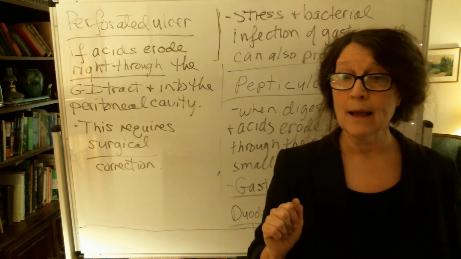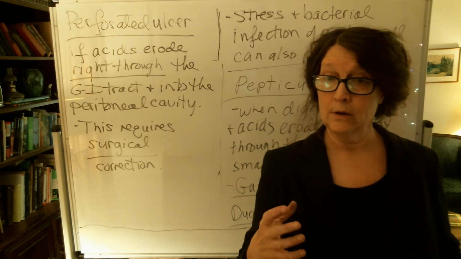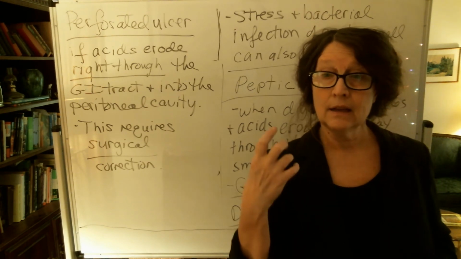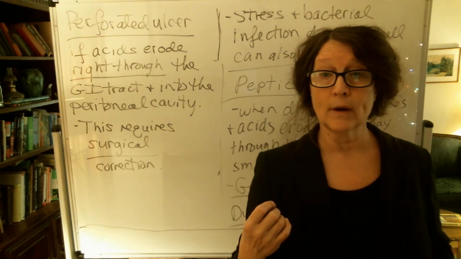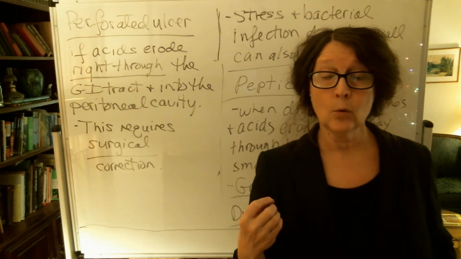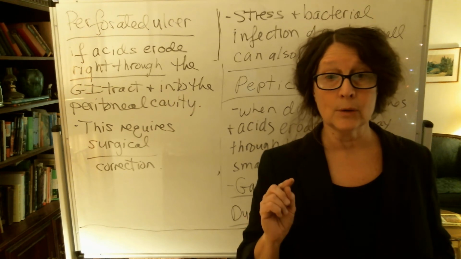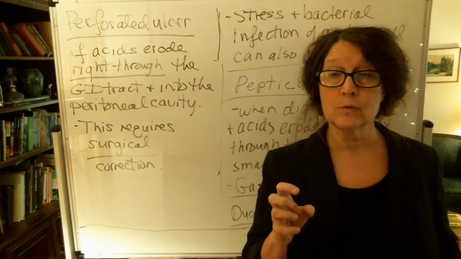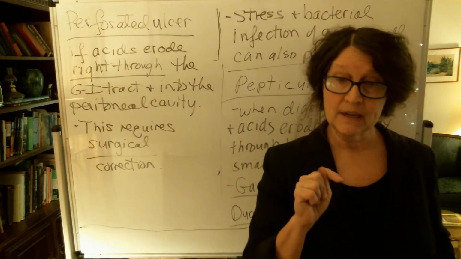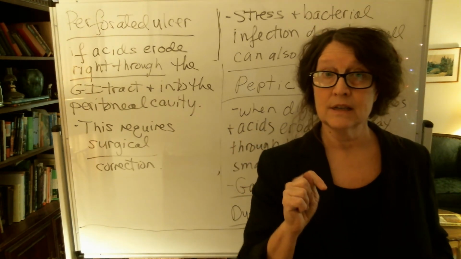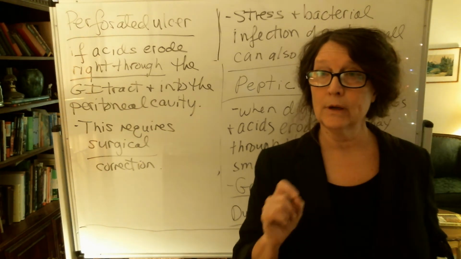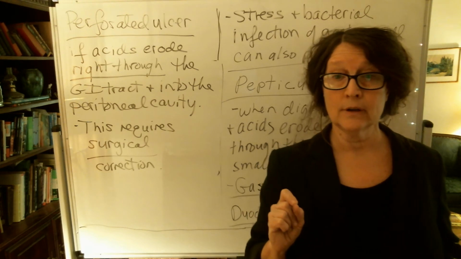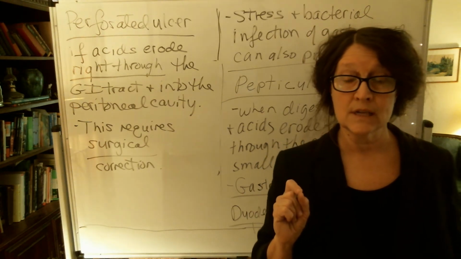And so what happened was that we noticed that when people were given courses of antibiotics, then sometimes their ulcers went away. And then when we started getting equipment, which I will tell you about in a moment, where we could actually take samples of tissue from inside the stomach, basically while the stomach is intact, and we could just take a sample from right where the ulcer is, it turned out that bacteria were always present in those samples.